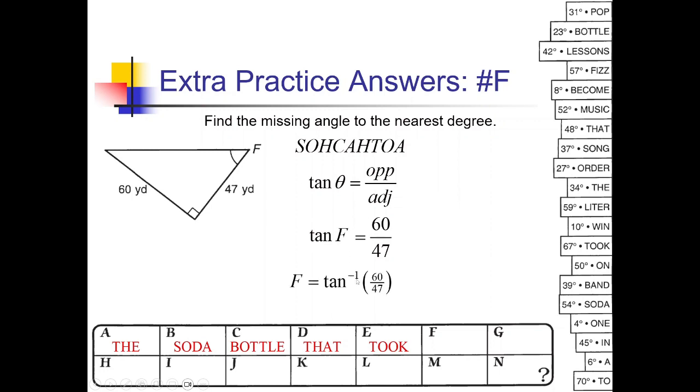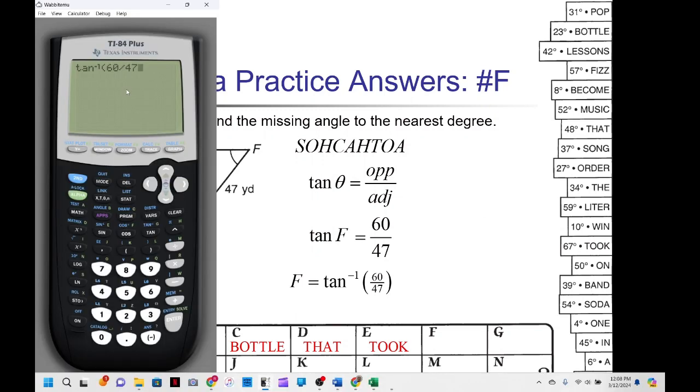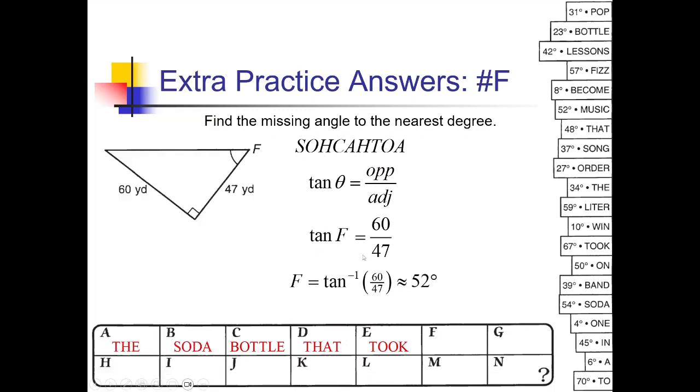So tan inverse of 60 over 47 is going to give me my angle. And if I plug that in the calculator, that comes out to 52 degrees. So we've got 52 degrees, which matches up with music. So we've got the soda bottle that took music, and then we'll have to keep going.